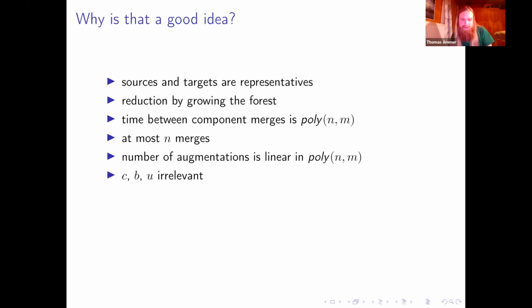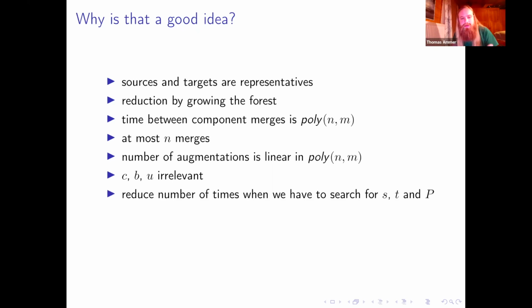And what's interesting about that is that the numerical parameters of the problem, the costs, the balances, and the capacities, don't play a role anymore in the running time. And that's what makes Orlin's algorithm pretty significant. So this idea of having this forest where we have components with representatives and balances are concentrated at representatives reduces the number of times when we have to search for a source, for a target, and for a path.